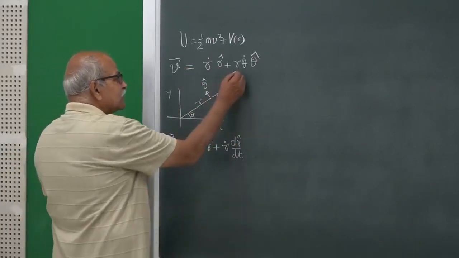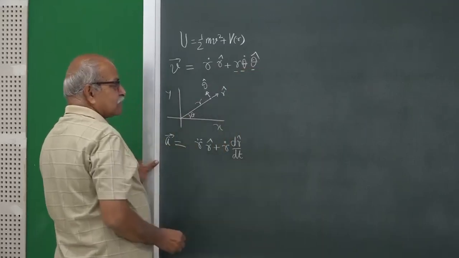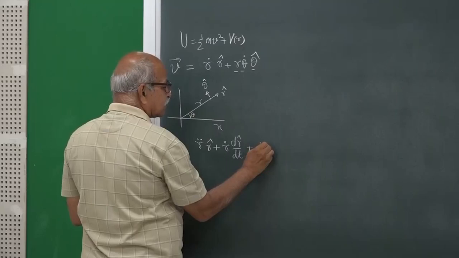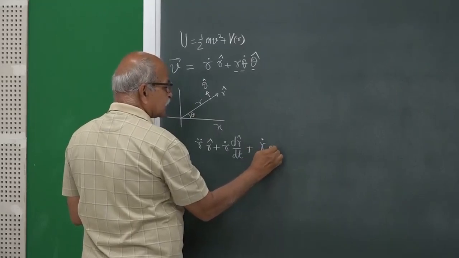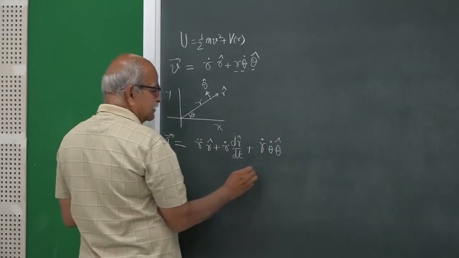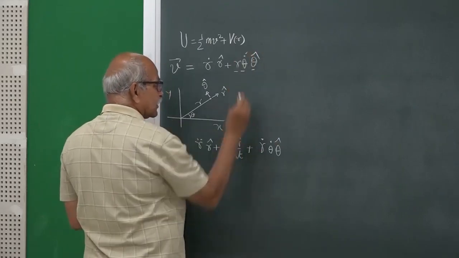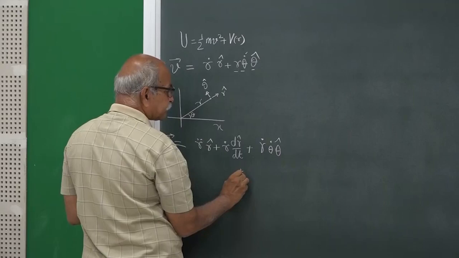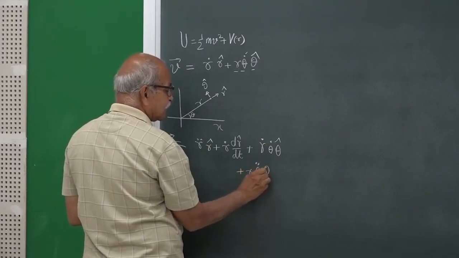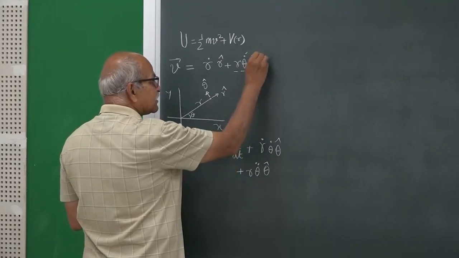Here you have three quantities, r, theta cap and theta dot. So, differentiate this r dot and keep the rest there, and then differentiate this one. So, plus r theta double dot theta cap. Now, differentiate this one.